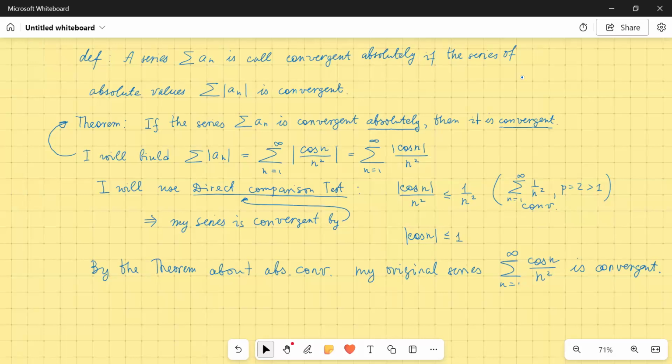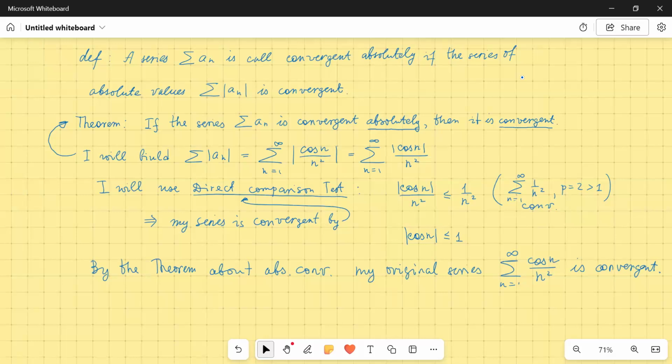If all terms are positive or all terms are negative, we can apply tests like the comparison test or integral test. If terms are alternating, we can use the alternating series test. But if terms are randomly changing the sign, we are going to use absolute convergence if we can't really predict how the terms are going to change sign.